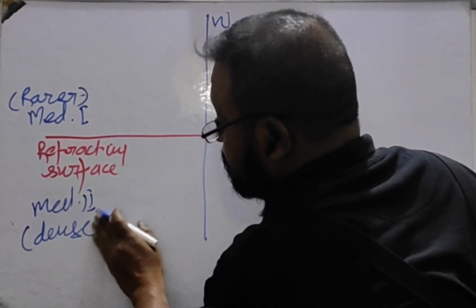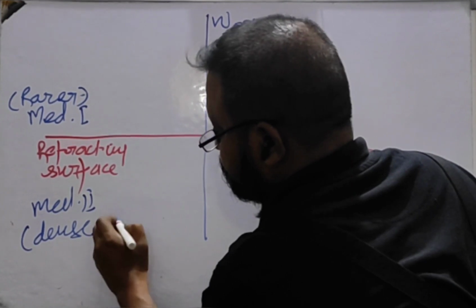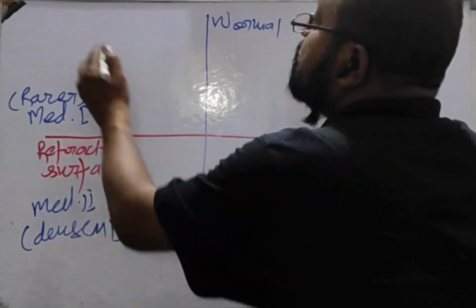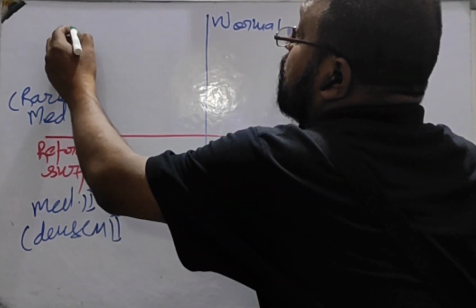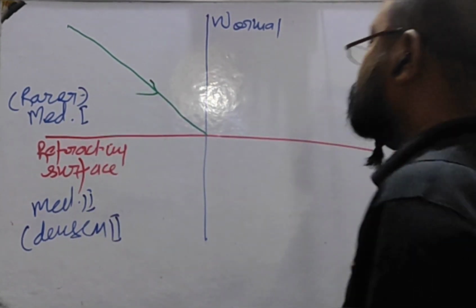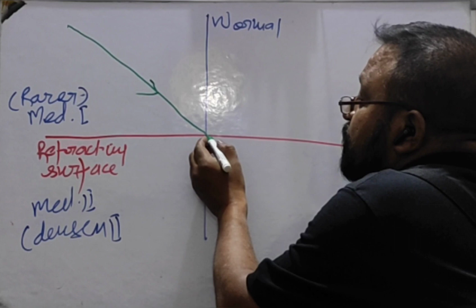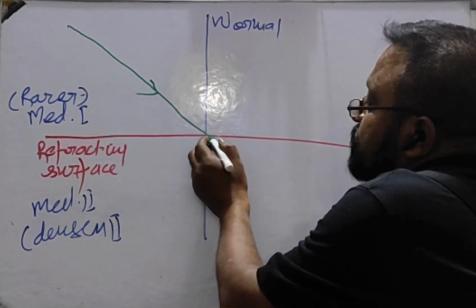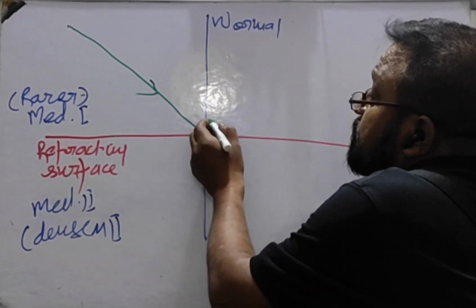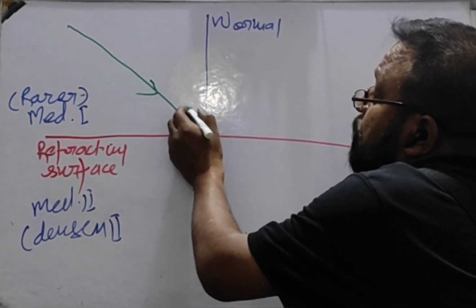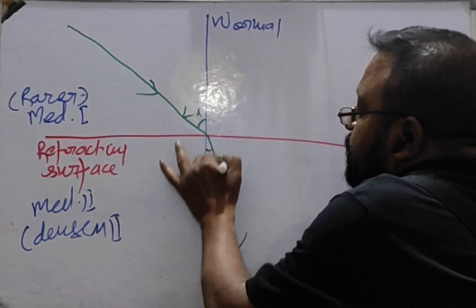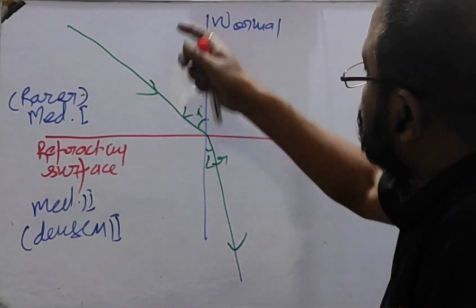When the incident ray falling from medium one reaches the point of incidence, it gets deviated. It is coming from rarer to denser, so it goes towards the normal. Like this. This is the angle of incidence, and this is the angle of refraction.